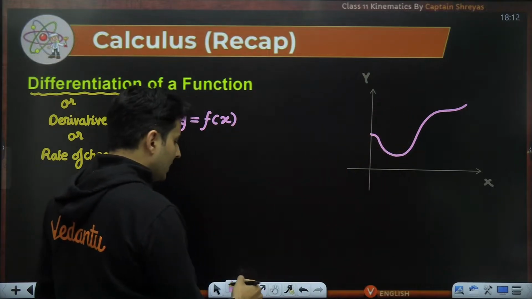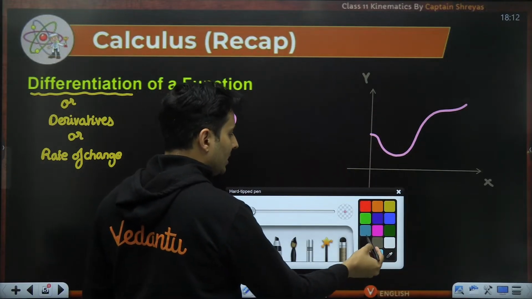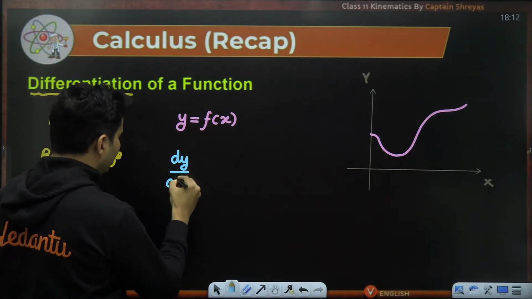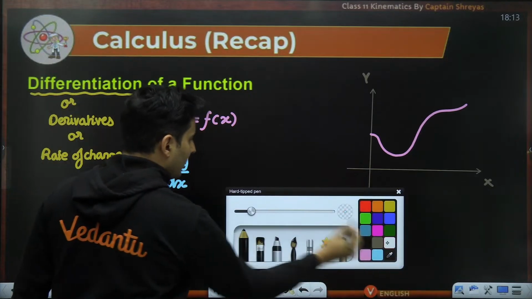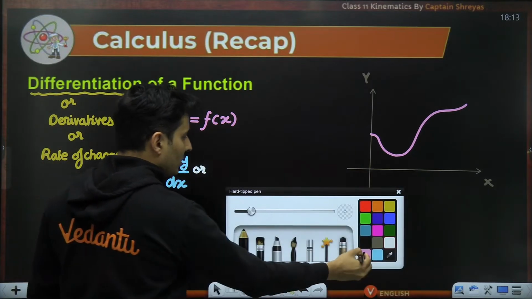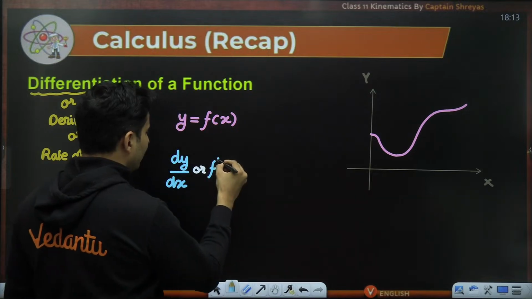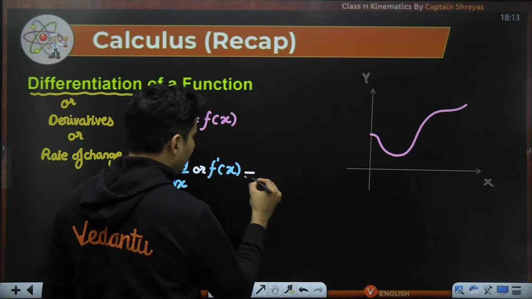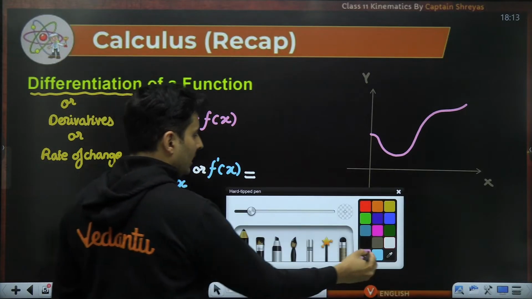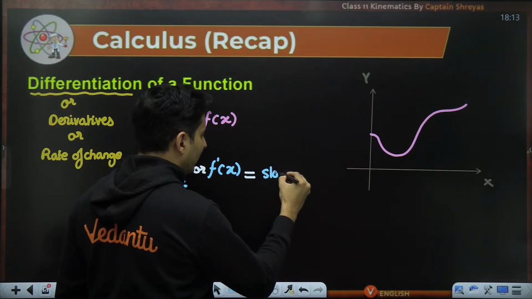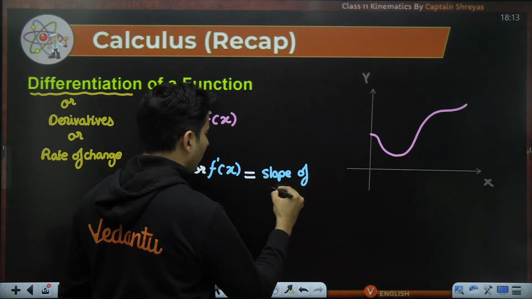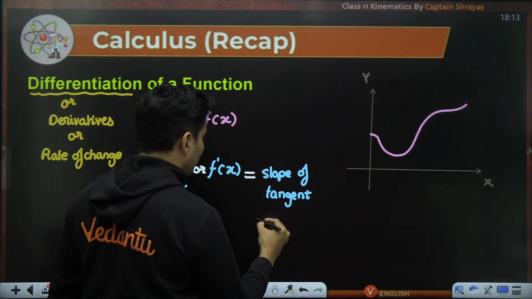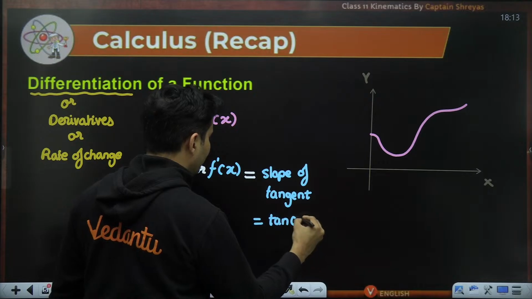It changes. Then the derivative of that function is written down like this, dy by dx, or you can also use the symbol f dash of x, and that is equal to nothing but the slope of the tangent drawn to the curve, which is also equal to tan of theta.